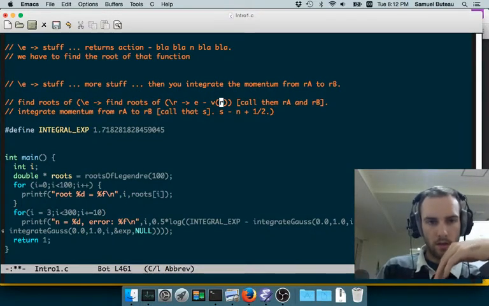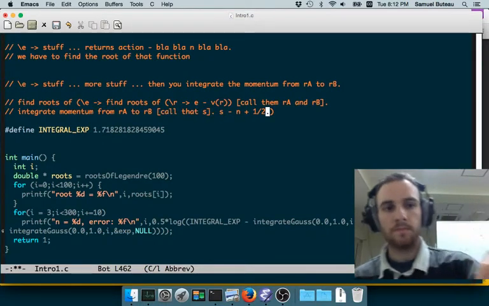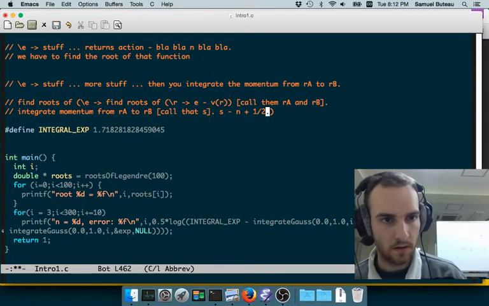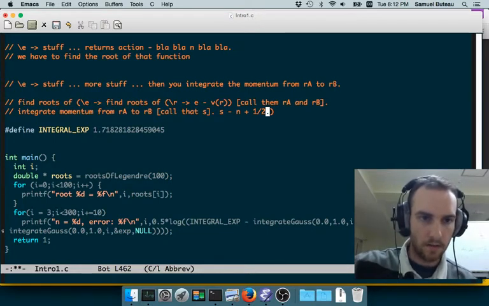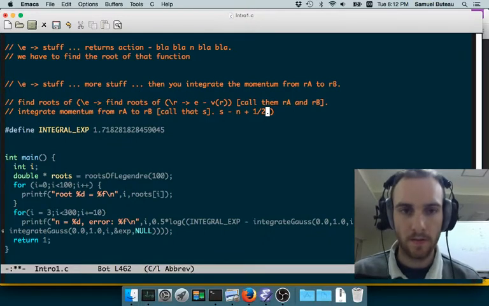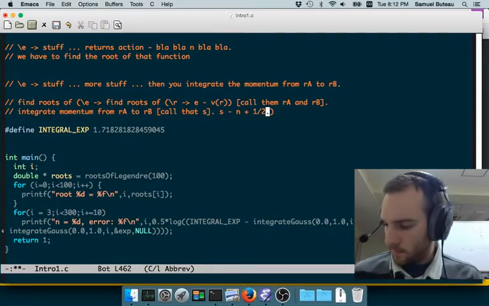Then you have to integrate using these roots to find the action. That's one computation of this big function. But you have to find the roots of this function, so you have to feed it different E's and do all kinds of things. Alright, so that's the plan.